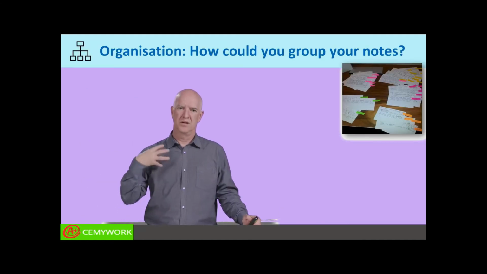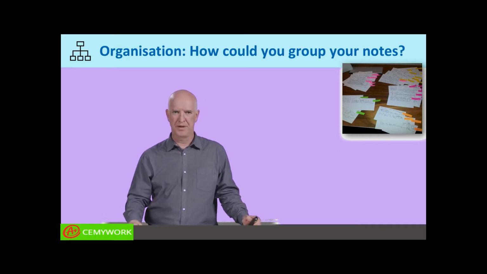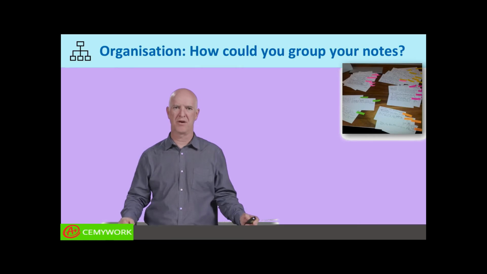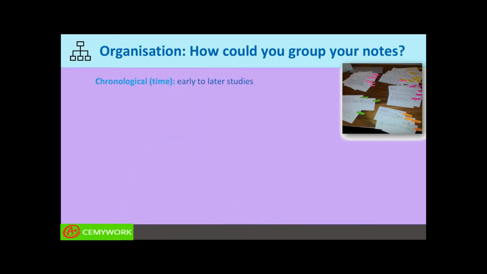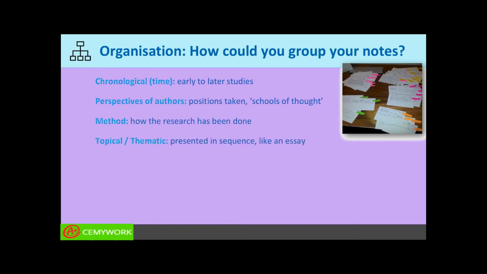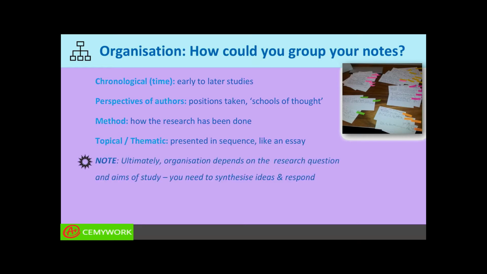So, you've started reading. Now you've got to think about how you can group your notes, how you can organize your notes. There are a number of different ways. It depends on your questions. You might organize them chronologically by time. You might organize them by the perspectives of different authors, the positions taken, the schools of thought, the method, how they did the research. Or, most commonly, you might organize it topically or thematically, like an essay.